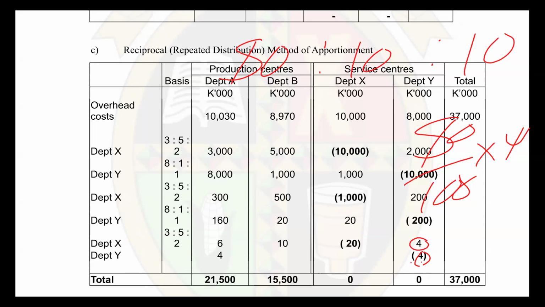Yes, 3.2. Somewhere there, 3 point something. Now, you know that the 10% will be maybe 0 point something. You get what I mean?